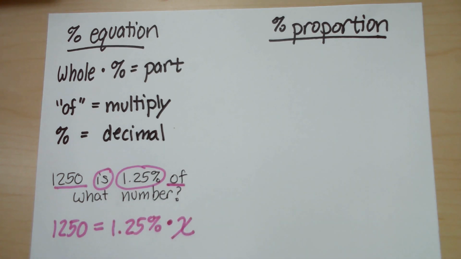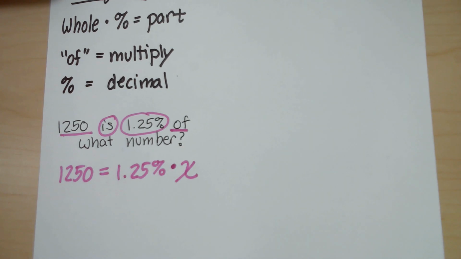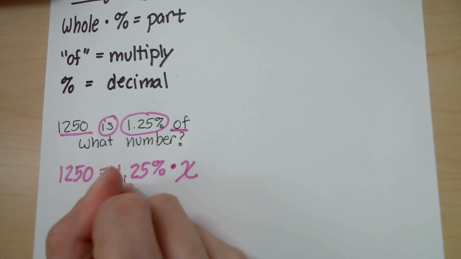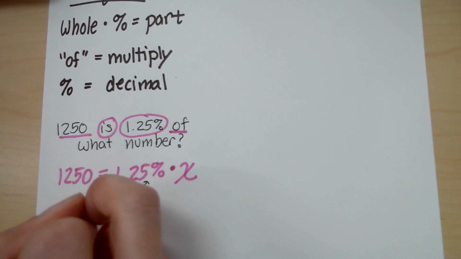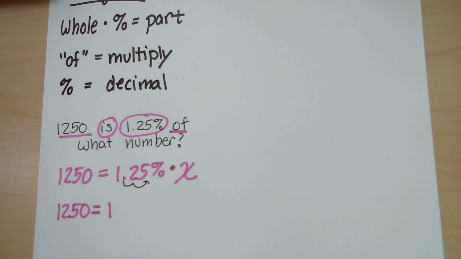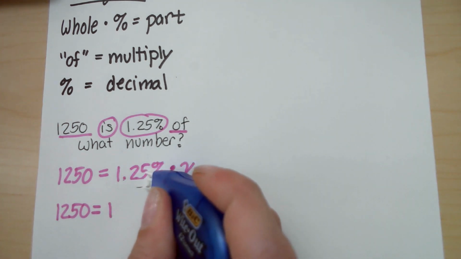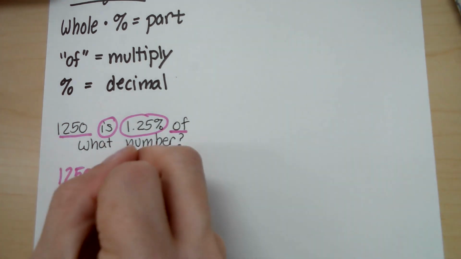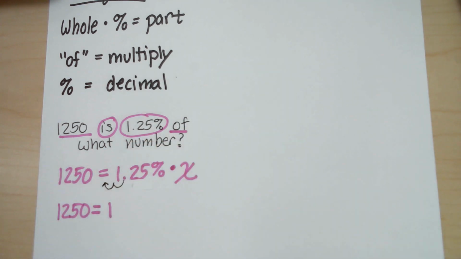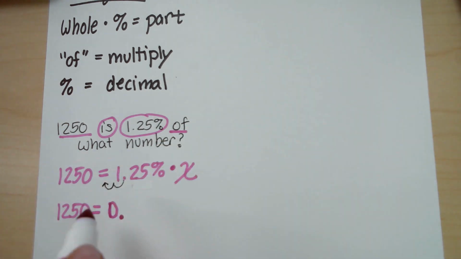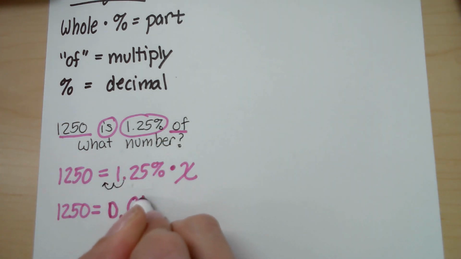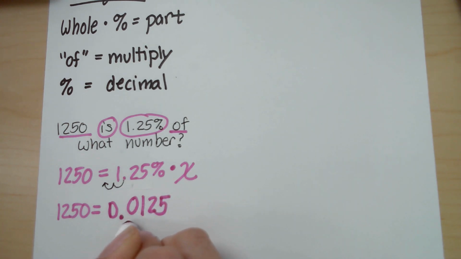What number is x? So now from here, we have to make sure, don't forget the decimal part. So this becomes 1250 equals what, oops, I moved my decimal in the wrong direction. So right now it's a percent. We want to turn it into a decimal by moving it 2 places to the left. So this would become 0.0125 x.